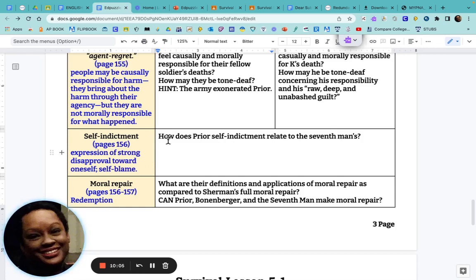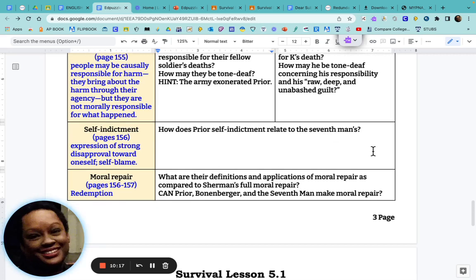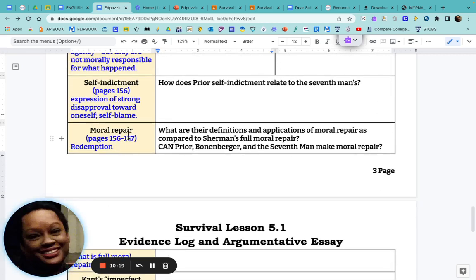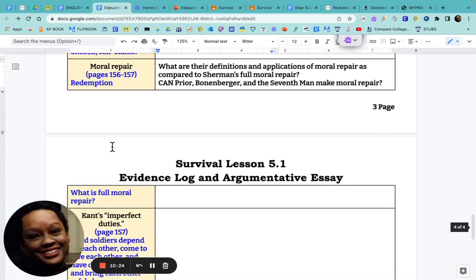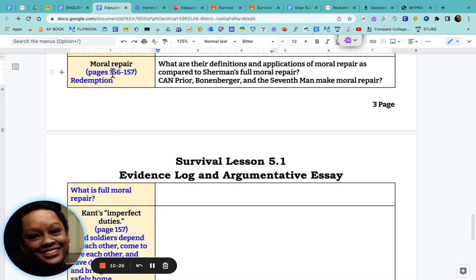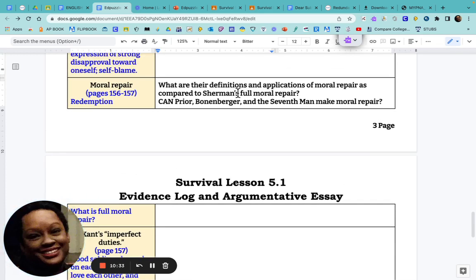And what I did is I told myself, because I had to put myself into the eyes of the student, how all of this would relate to Pryor's self-indictment and how it relates to the seventh man's, and then look at moral repair. I think that moral repair means redemption. And there's a difference between this type of moral repair and what is full moral repair. Okay, and so, hint, I ask myself questions, putting myself into the role of the student right here.